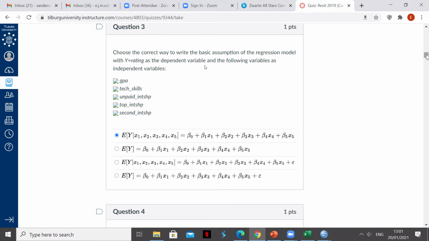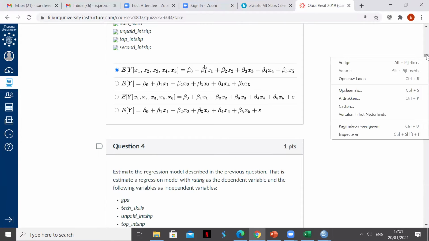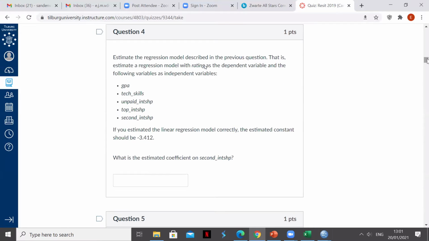Okay, we go to question 4. Estimate the regression model described in the previous question. So here you see you don't have to come up with the model. So that's probably the easiest. And usually they also give the model again, which is also nice.